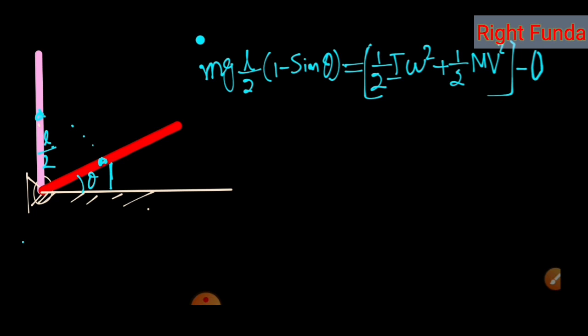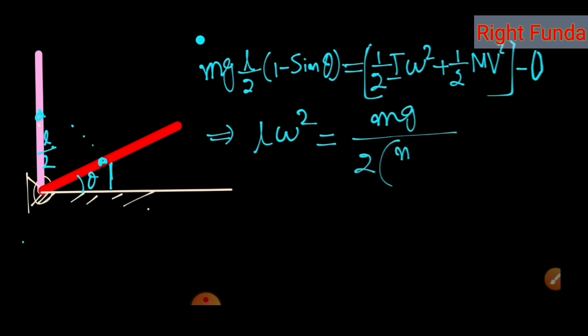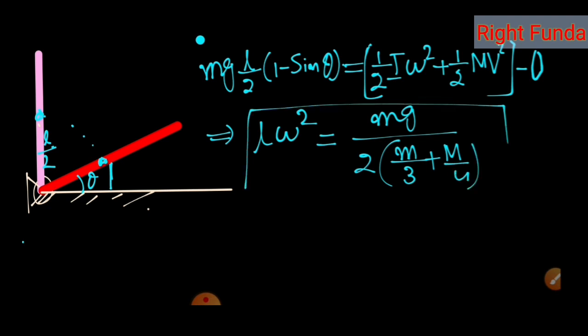Both are 0 and 0. From this we can simplify, and I is equal to ml square by 3. I will substitute this value, and I can calculate that omega square L will come out to be equal to mg by twice of m by 3 plus m by 4. So this is the value of omega square L.